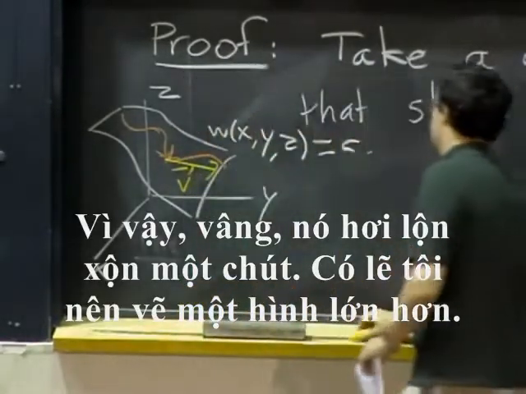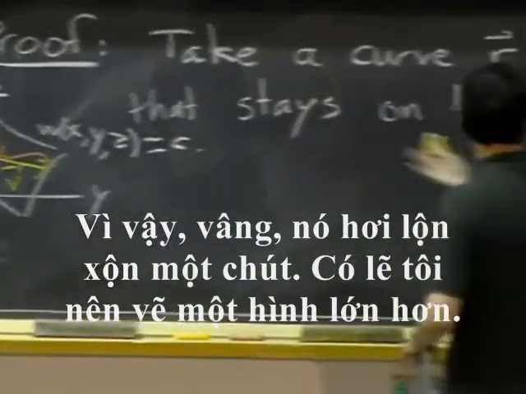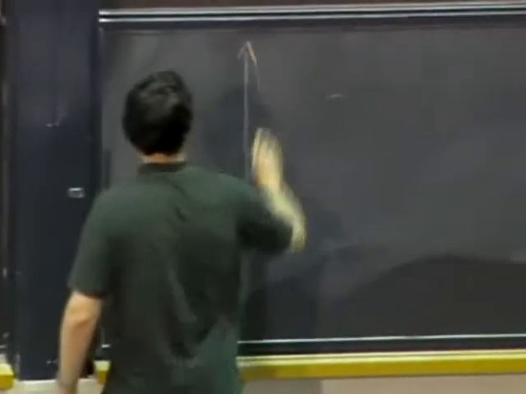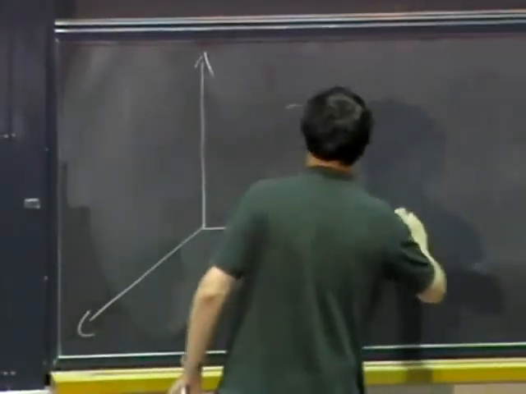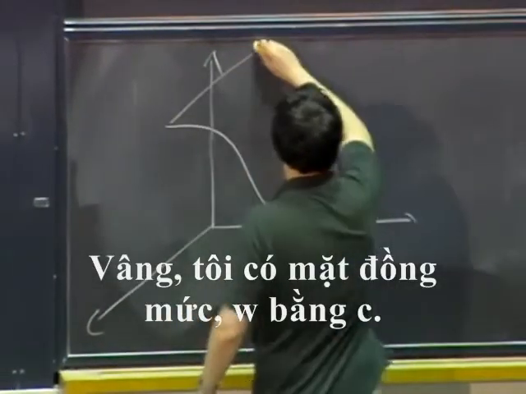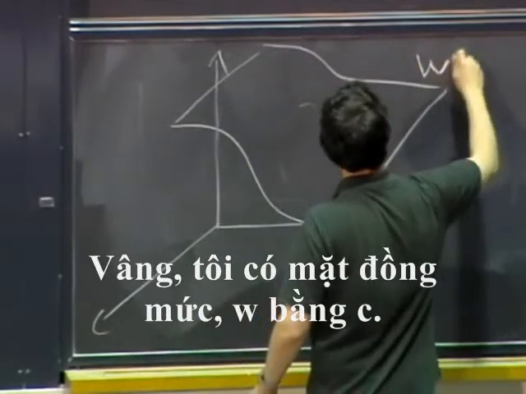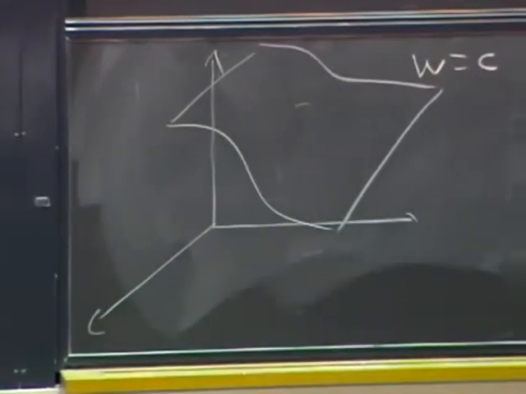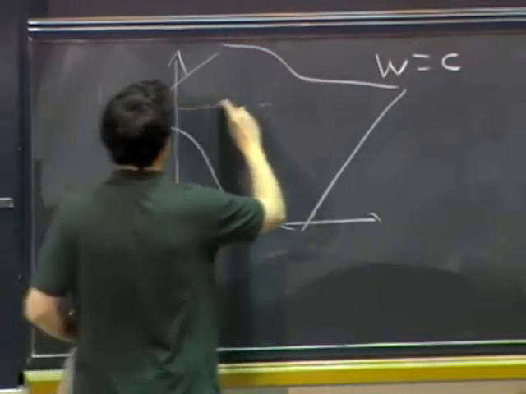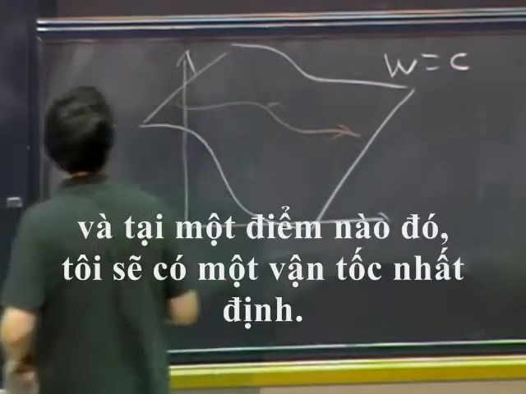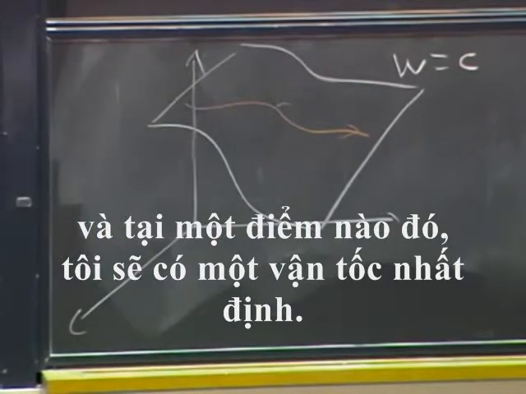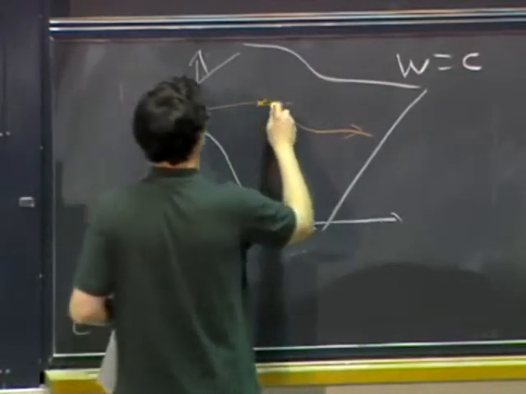So, okay, it's getting a bit cluttered. Maybe I should draw a bigger picture. Let me do that right away here. So I have my level surface, W equals C. I have a curve on that. And at some point, I'm going to have a certain velocity.